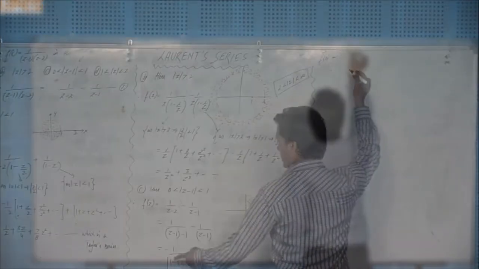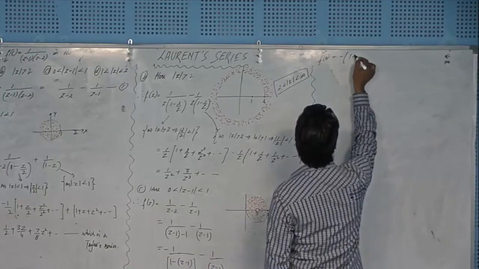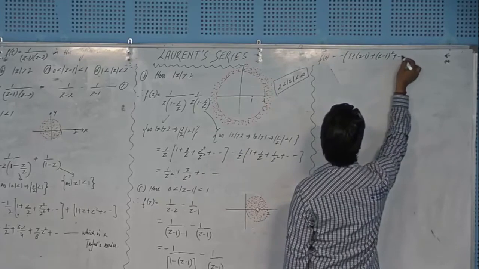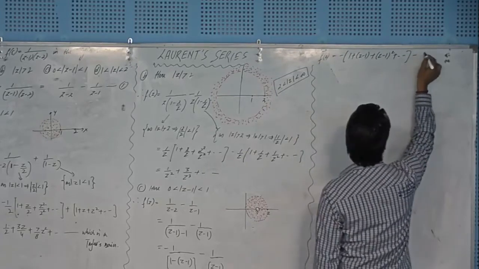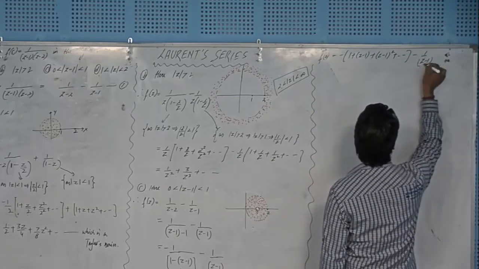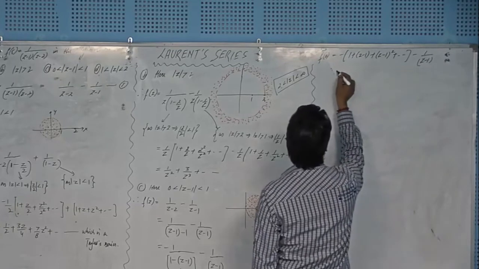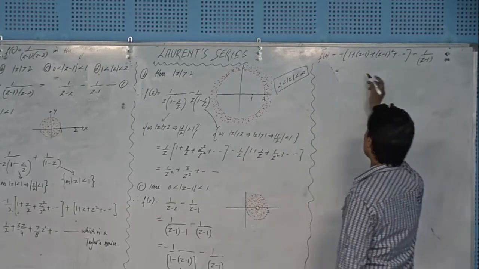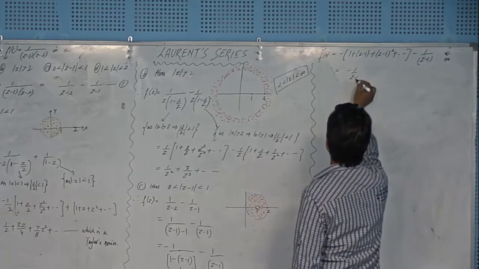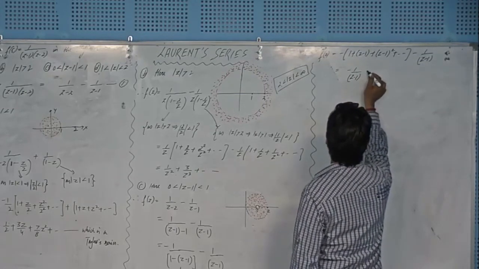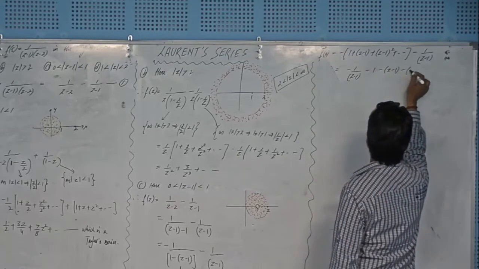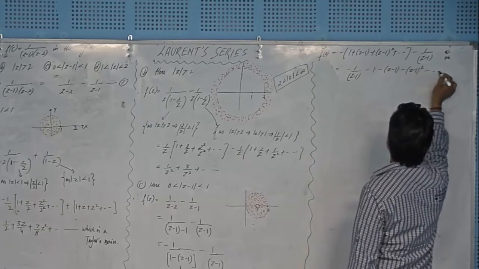On expanding, I will get a negative sign, and then 1 plus (z minus 1) plus (z minus 1) whole square, and so on, and this is 1 over z minus 1, right? Ultimately the only negative power of z minus 1 is this term, so I will write it here, and all terms: minus 1, minus (z minus 1), minus (z minus 1) whole square, and so on.